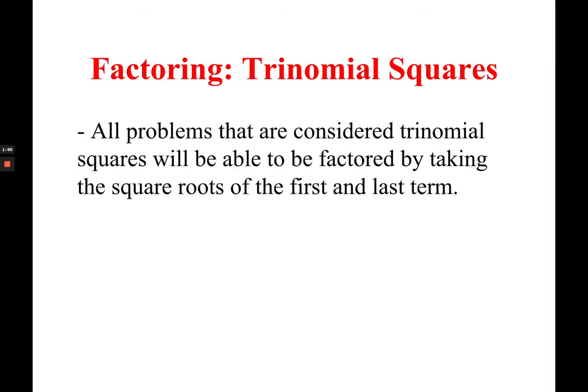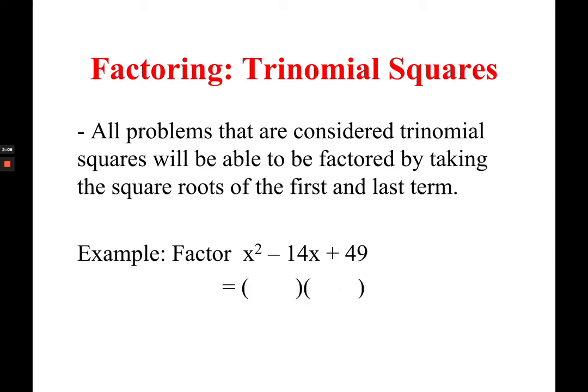All problems that are considered trinomial squares can be factored by taking the square roots of the first and the last term. Look at your example. This is the case of a trinomial square wherein the first term is a perfect square and the last term is also a perfect square. If we're going to factor, you just factor your first term, x times x, and then 49 is 7 times 7.